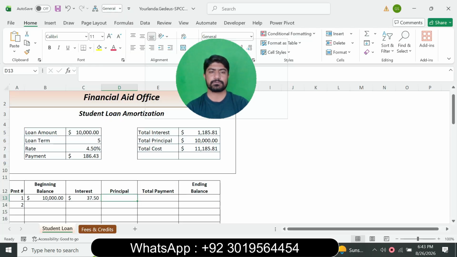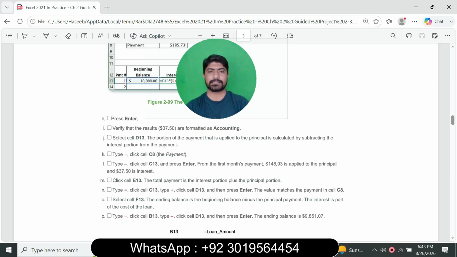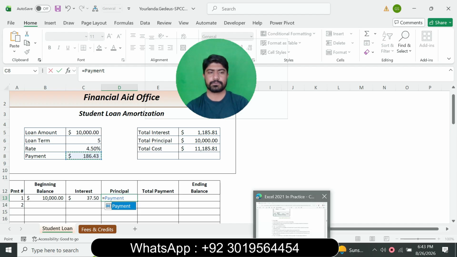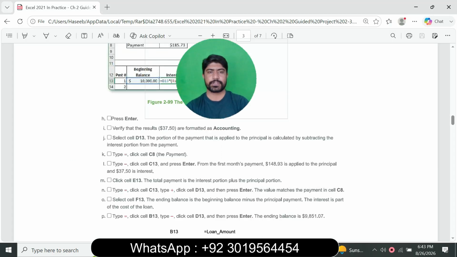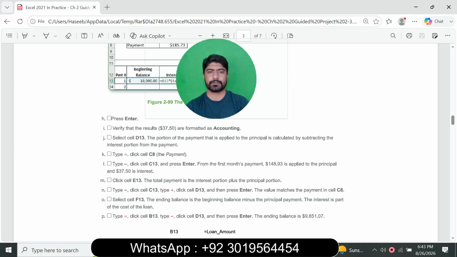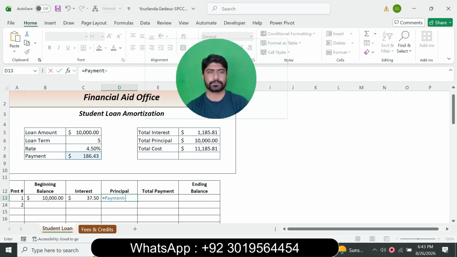Type equal to, click the cell C8, the payment, minus, click cell C13 and press enter.